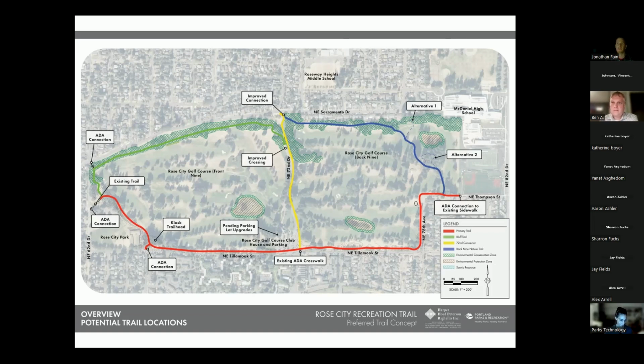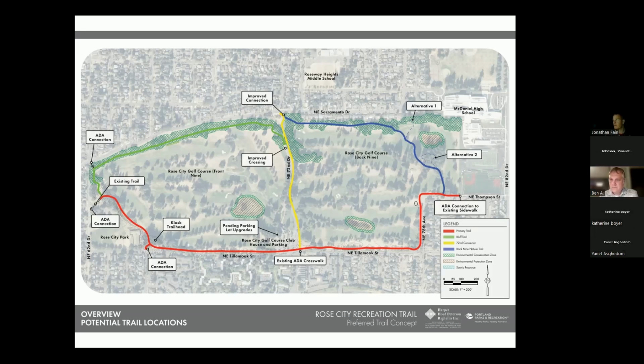We're working with the Bluff Restoration Group to see where they think opportunities are for native plantings. And we do want to protect and enhance those wildlife habitats with improved planting areas and more native plants. So yeah, that's definitely a part of the project.